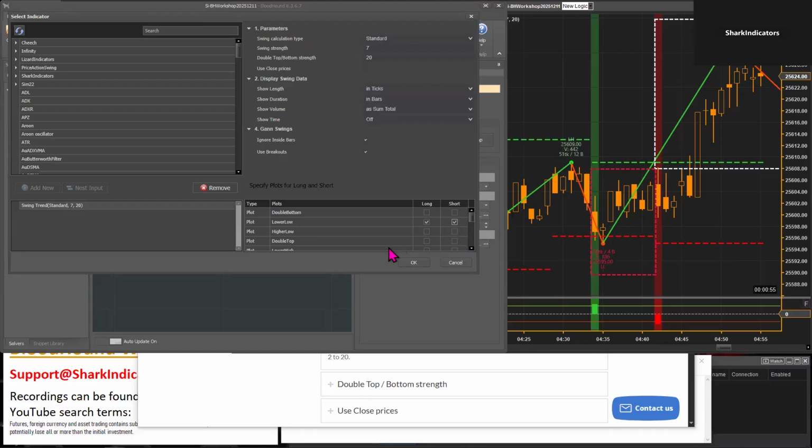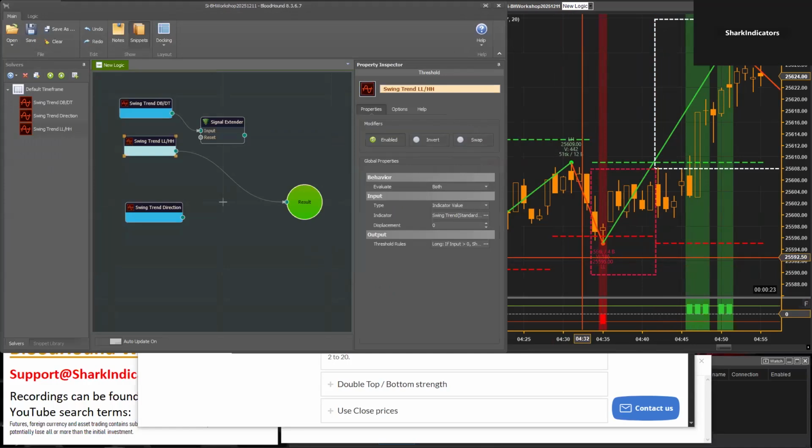Actually, I'm just going to reverse it there, and so I need the higher highs. Okay, there's our higher highs. Good. And remember to adjust the double top, double bottom settings, and the swing strength as well, when you're setting up your swing trend indicator here.